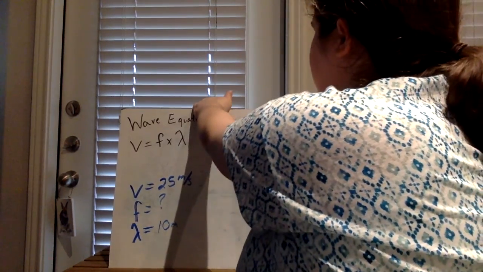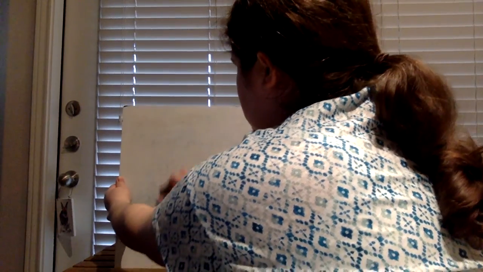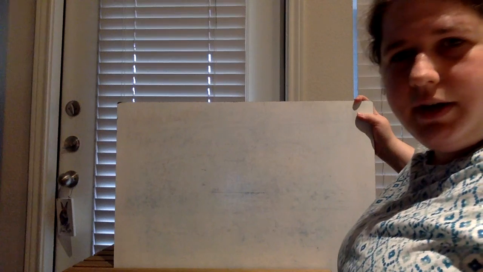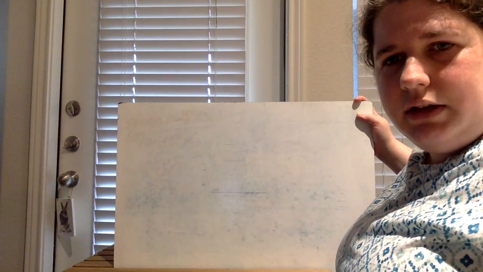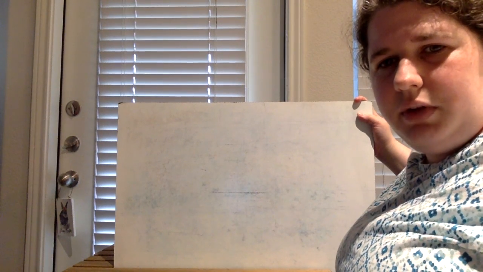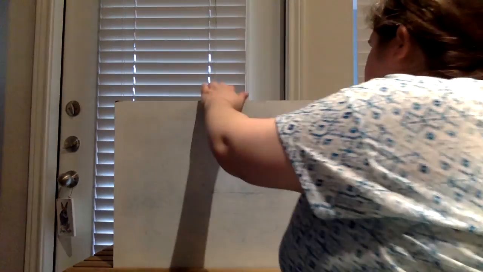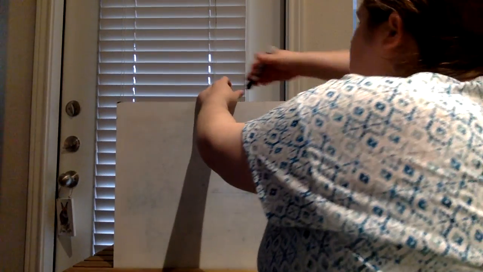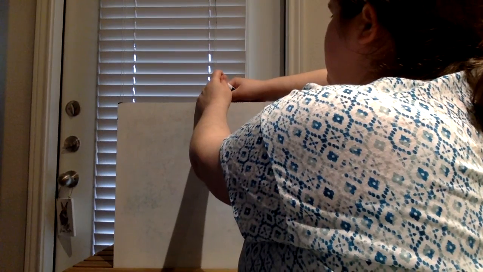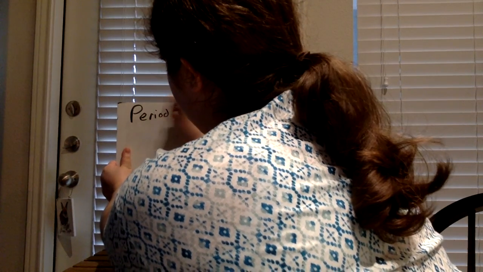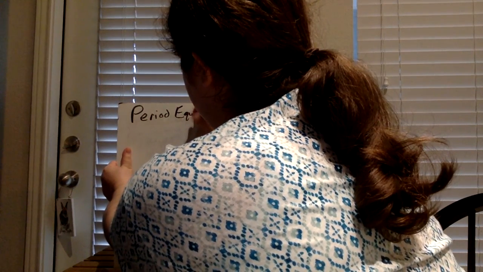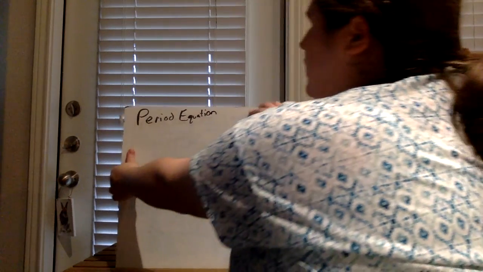So that was the wave equation. Okay, so that helps out with that. Let's look at the other equation that you're learning this week, which is the frequency period equation. This one is slightly different. We're just going to call this the period equation because it is solving for the period.